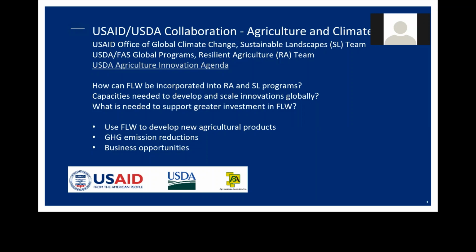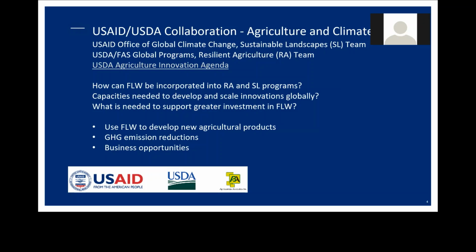And USDA is really interested in working on this right now because we have an agriculture innovation agenda, which is domestic, but it highlights that food loss and waste is a priority area for our work, and we're interested in sharing that internationally. Some of the questions this year in targeting food loss and waste research, we've been asking ourselves, how can we incorporate this into our programs and our teams specifically, but then more broadly, what capacities are needed to develop and scale innovations globally, and what's needed to support greater investment in food loss and waste.